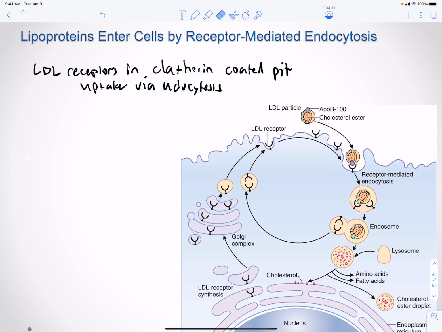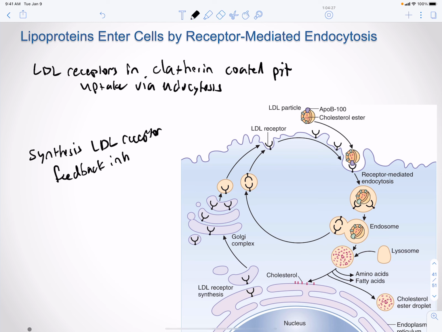So synthesis of the LDL receptor is by feedback inhibition. And this is through the increasing levels of cholesterol within a cell.